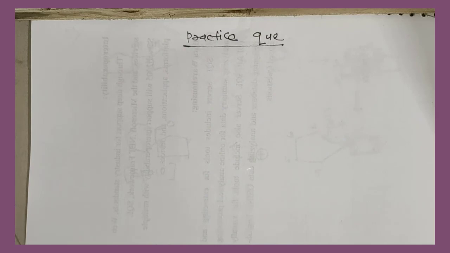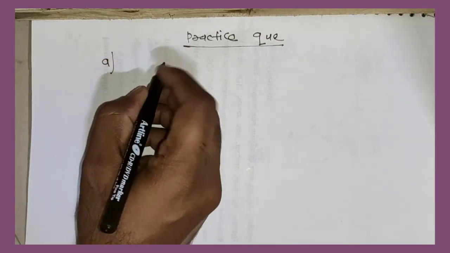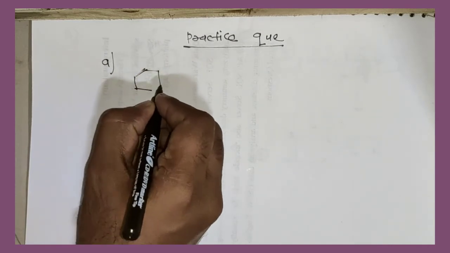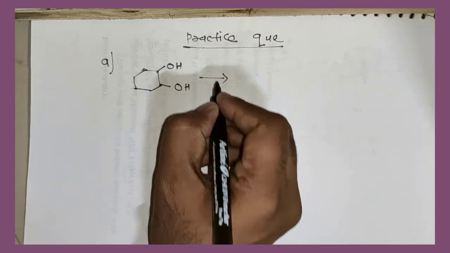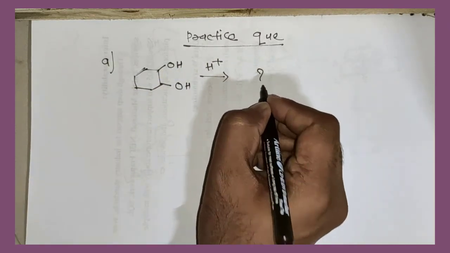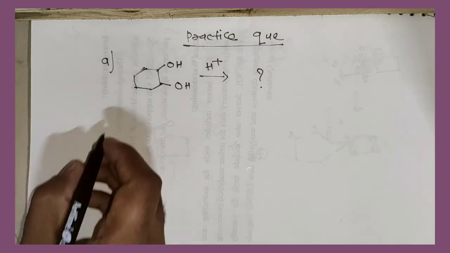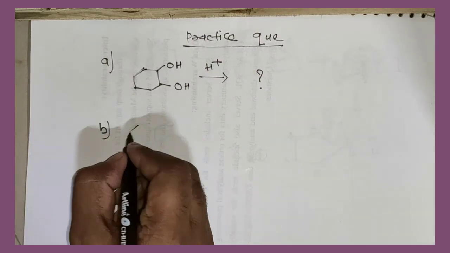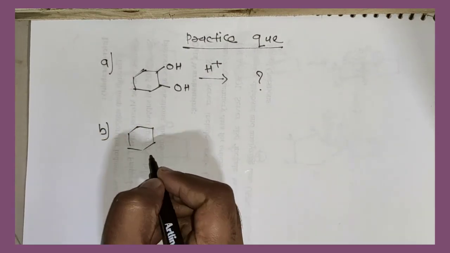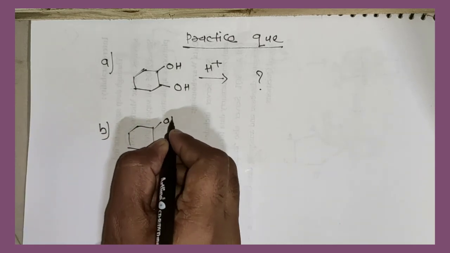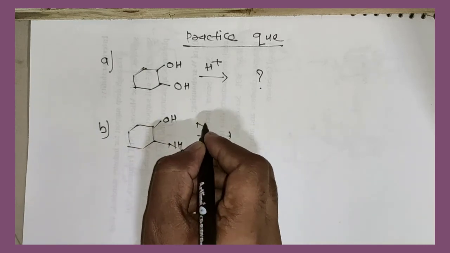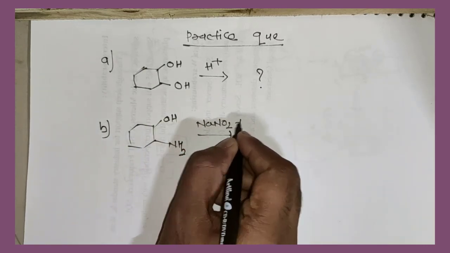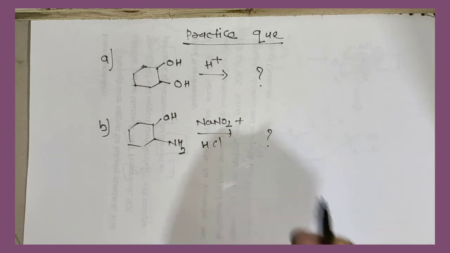Okay, now I am going to give you two questions for your practice. First one is, suppose cyclohexane 1,2-diol in acidic condition, so you have to give me the final product. And the second one is the same cyclohexane type material, here is the OH, here is the NH2, by using NaNO2 and HCl, and you have to give me the final product.